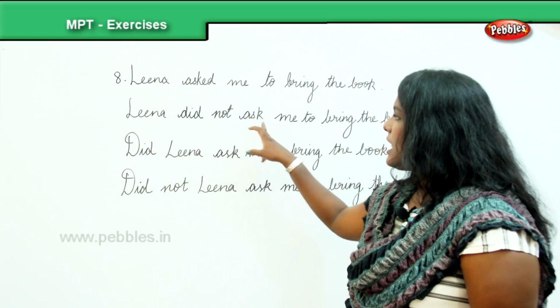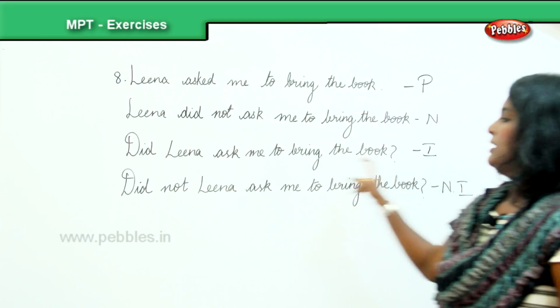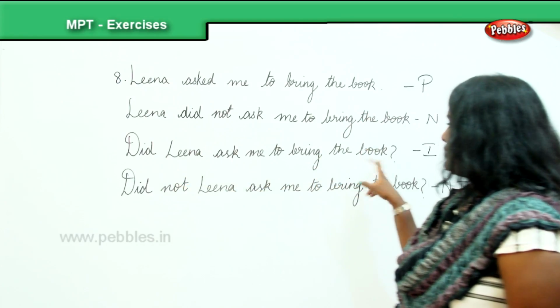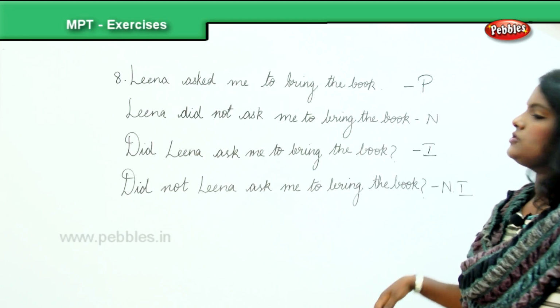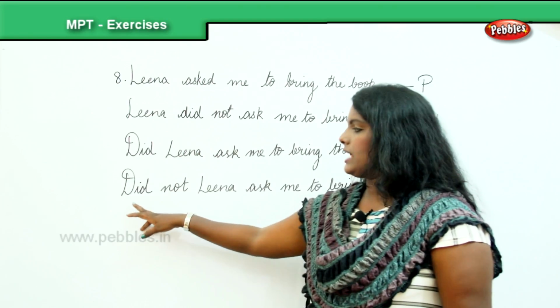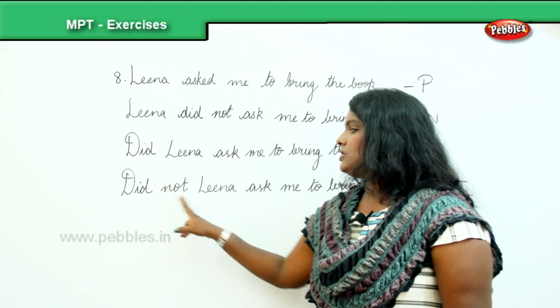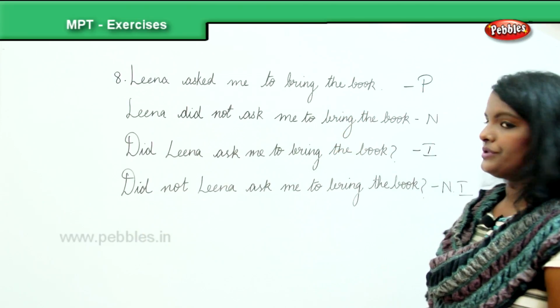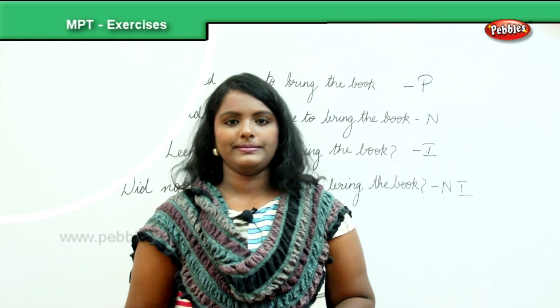Lena did not ask me to bring the book is the negative form. Did Lena ask me to bring the book is the interrogative form, and the negative interrogative form goes like this, did not, or it can be didn't. Okay, so it's did not Lena ask me to bring the book. Let's move on to the next example.